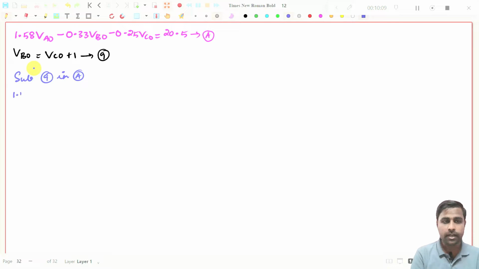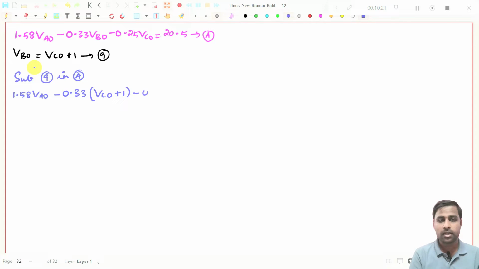We will get 1.58 VAO, that has to be there, minus 0.33. Instead of VBO, what you need to do? You have to substitute VCO plus 1. Then minus 0.25 VCO, that should be equal to what? 20.5.